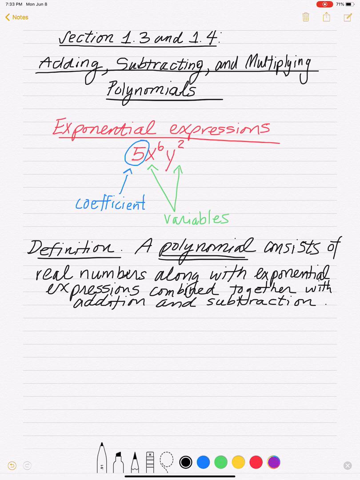So when I take numbers and combine them with exponential expressions with addition and subtraction, I get what's called a polynomial.